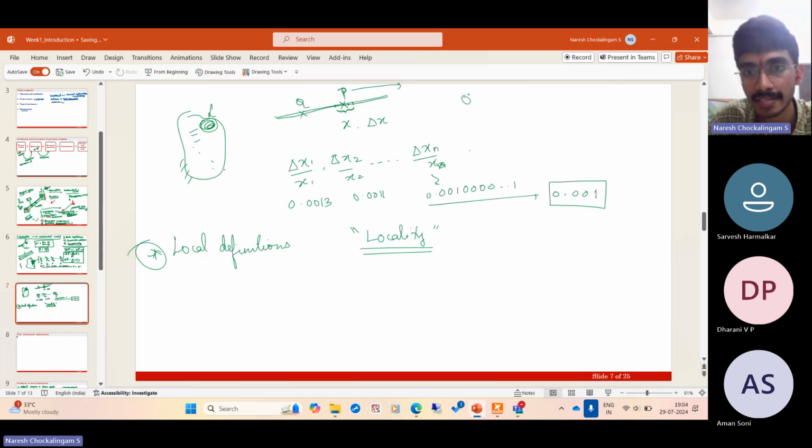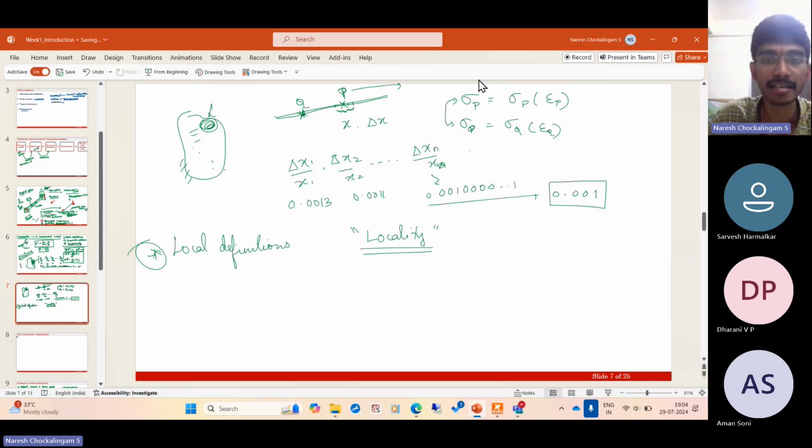The stress at P is a function only of the strain at P. On physical grounds, this point doesn't communicate to that point by any means; it's not possible to transfer the information of strain at this point to that point. So sigma at P depends only on the strain at P, and sigma at Q depends only on the strain at Q. This is the assumption of locality.